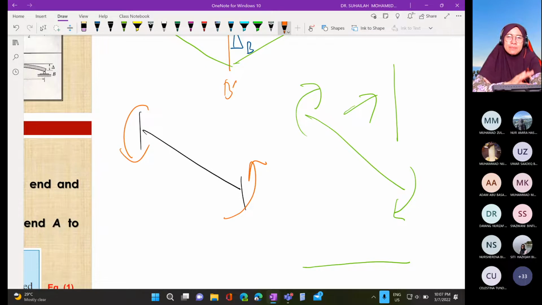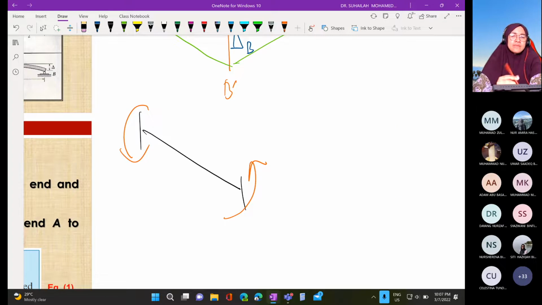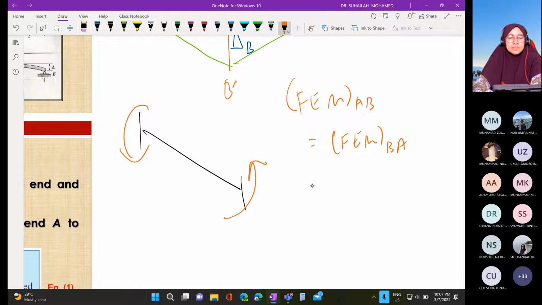This is a behavior we must understand when we apply it. When we want to solve support settlement, we have to apply this behavior. It means the FEM we want to calculate for AB, which is equal to FEM BA, should be negative.